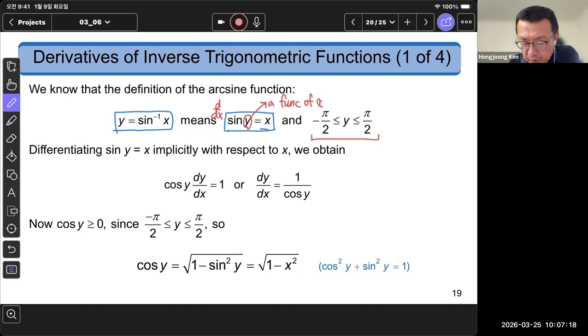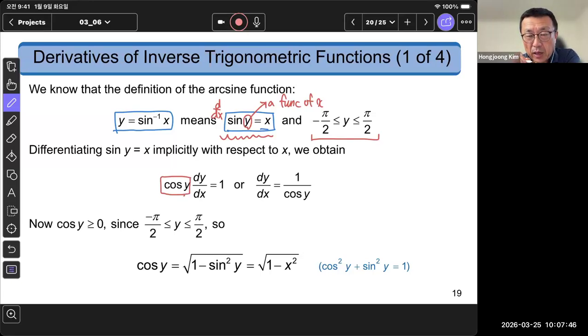Now, given sine y equals x, if I differentiate each side with respect to x, then the left-hand side is the composite of two functions. The outer function is sine, the inner function is y. So by the chain rule, if I differentiate the outer function, you get cosine. So if you evaluate that cosine at the inner function, you get cosine y.